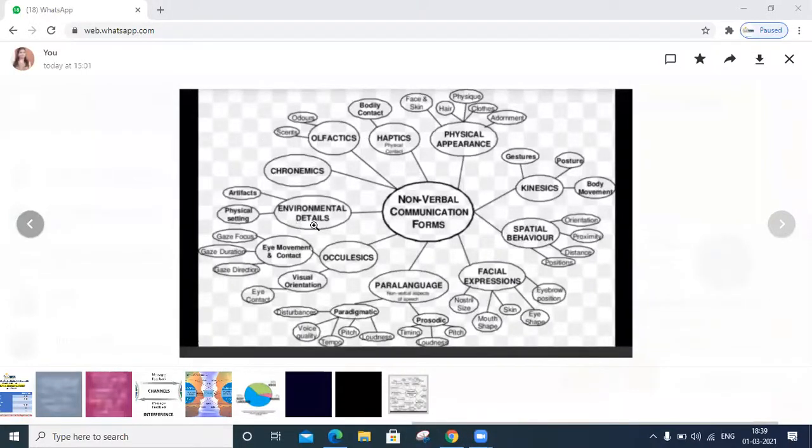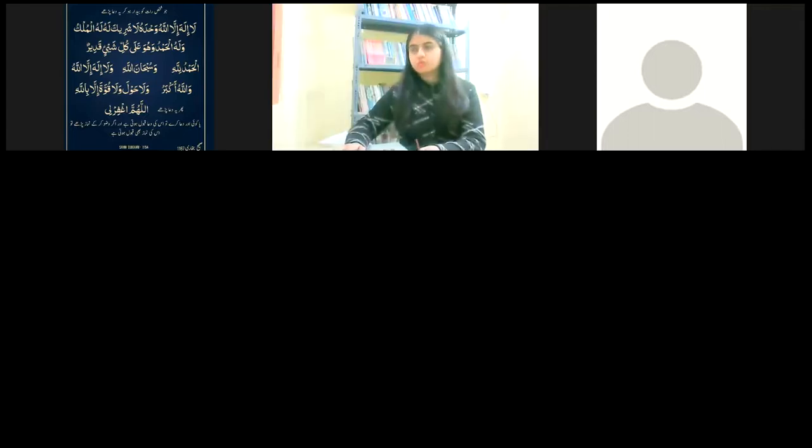Now see the environmental details. Environmental details are not very important in our real life, but they become important in an official setting. For example, in a classroom, the environmental setting depends a lot.